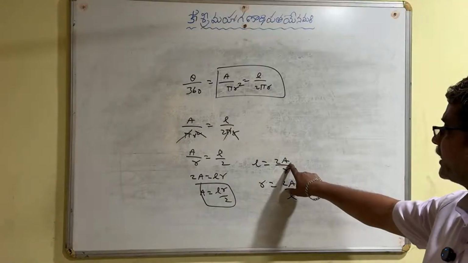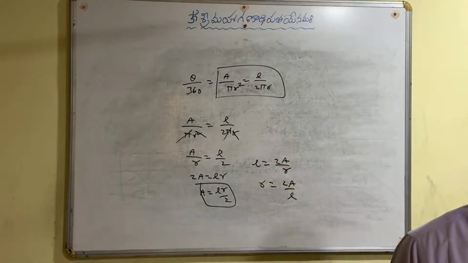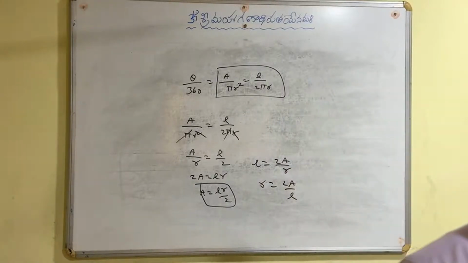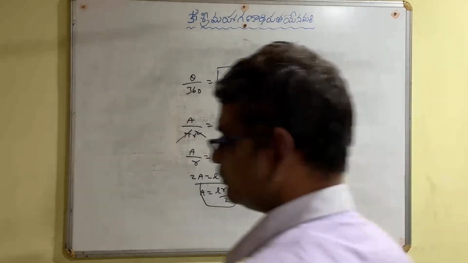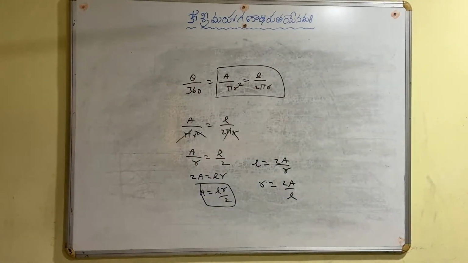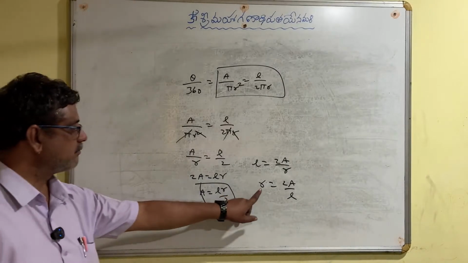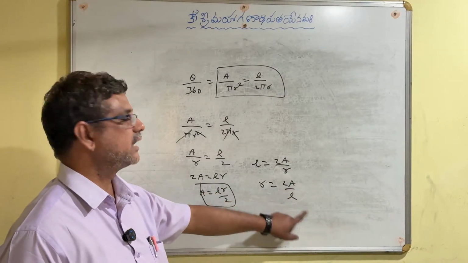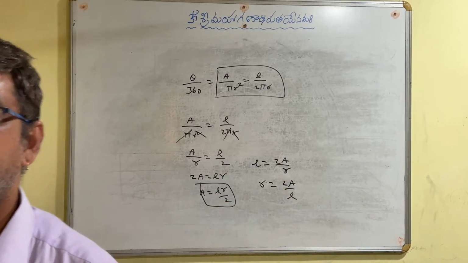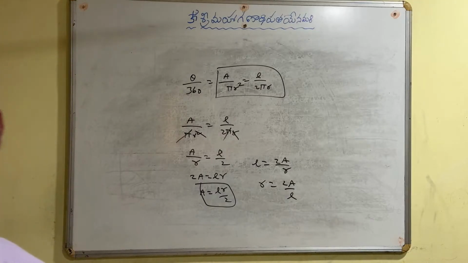When you know the area of sector and radius, you can find the length of the arc. And this formula finds the radius of the sector when you know the area of sector and length of the arc.